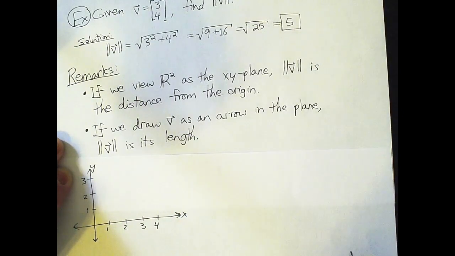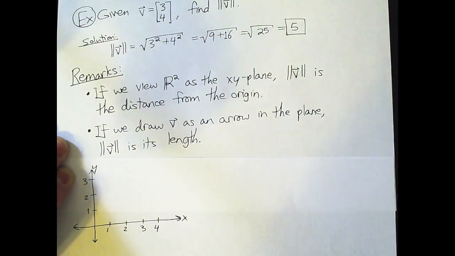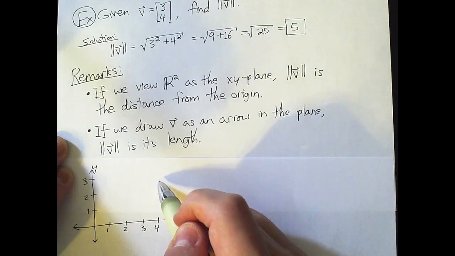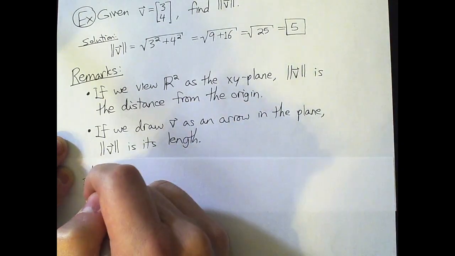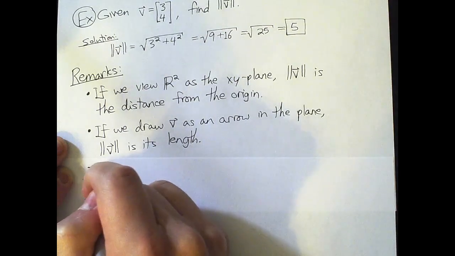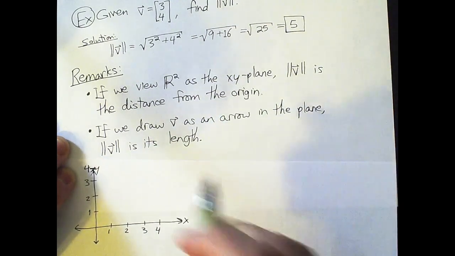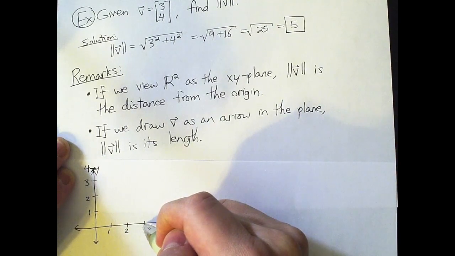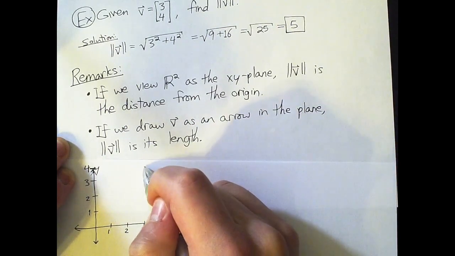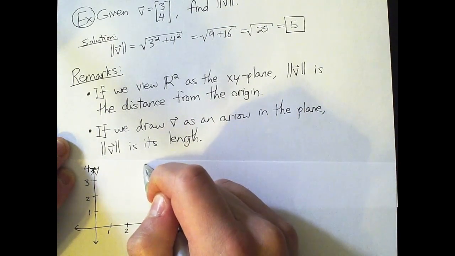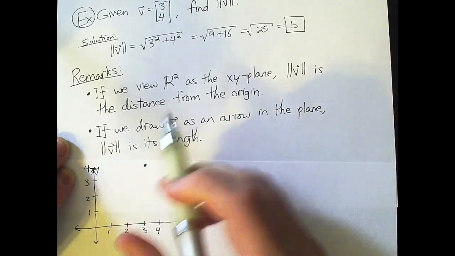So the vector 3, 4 from the above example. I need to go higher up here. Let's say this is 4 up here. So 3, 4, you could think of it as x, y. It points to about here, because there's 3, there's 4.